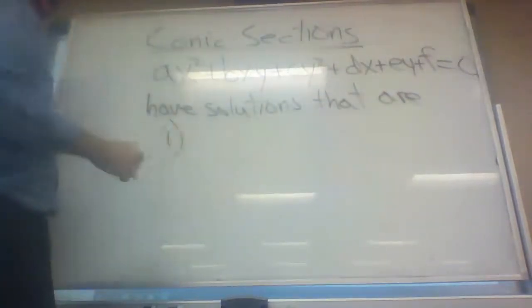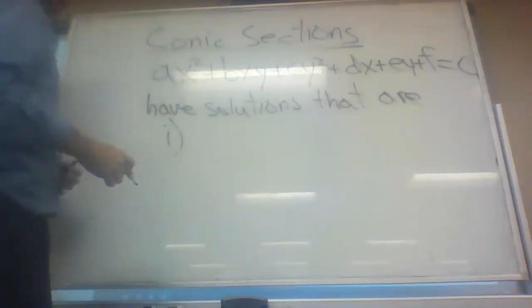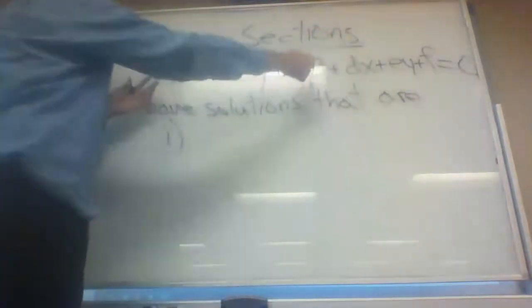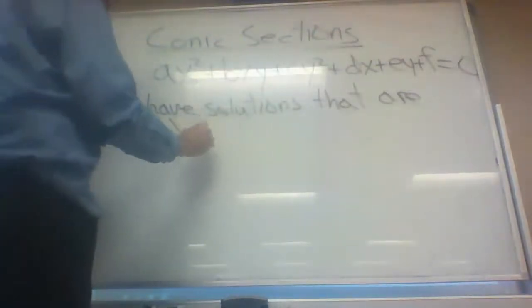It's important to draw. This is supposed to, in some sense, be the easiest thing after a line, right? If A, B, and C are 0, you get a line out of this. And then if you have the squared terms, you can get a conic section.